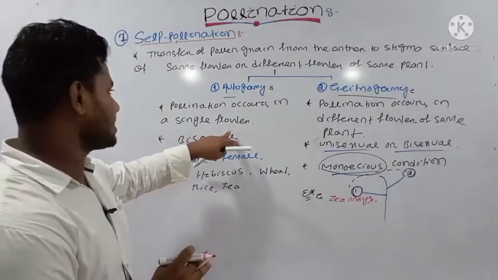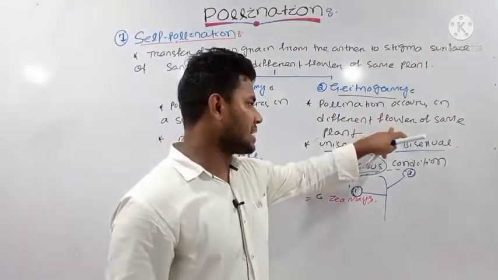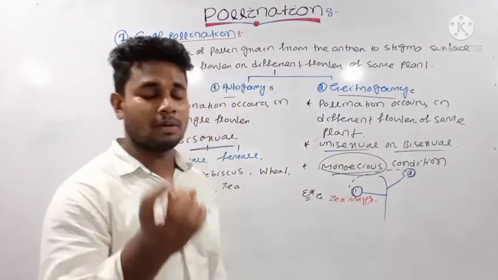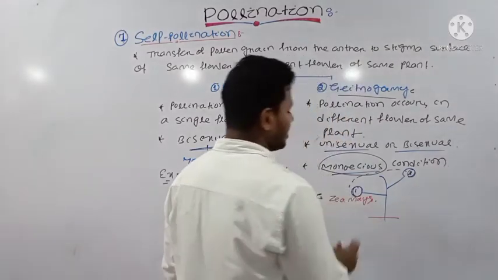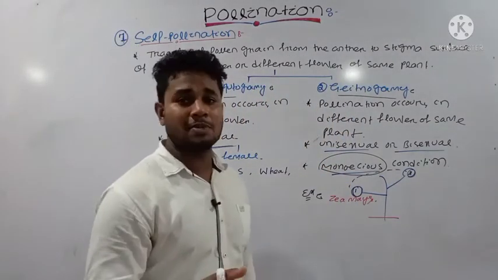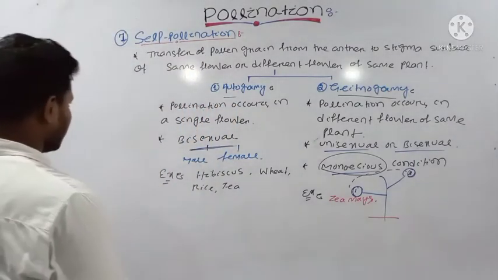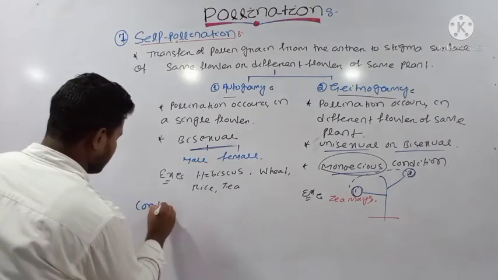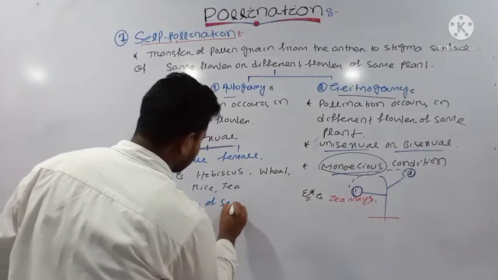In the autogamy process, a bisexual flower is present, and in the geitonogamy process, the flower may be unisexual or bisexual, but the pollination occurs in a single parent and two flowers are involved. And next, another topic is the contrivances of self-pollination.